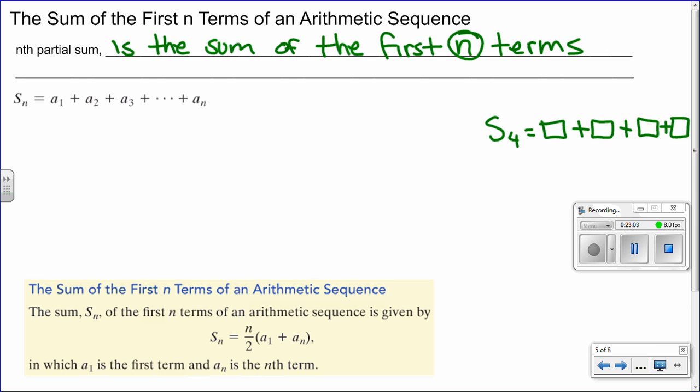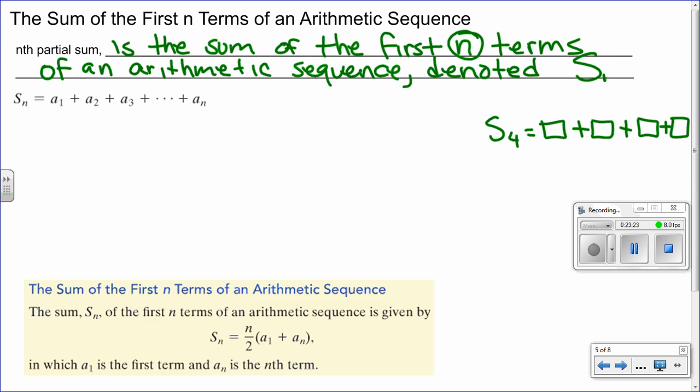Of course, that will be determined before you answer the question. The sum of the first n terms of an arithmetic sequence is denoted by capital S for sum and then the subscript n. So if we want the first 4 terms, we put S sub 4. If we want the first 100 terms, we'll put S sub 100.